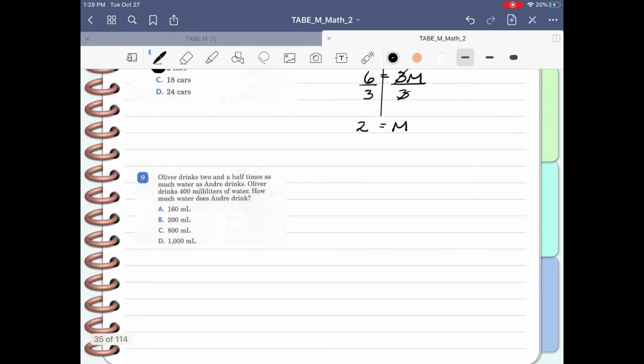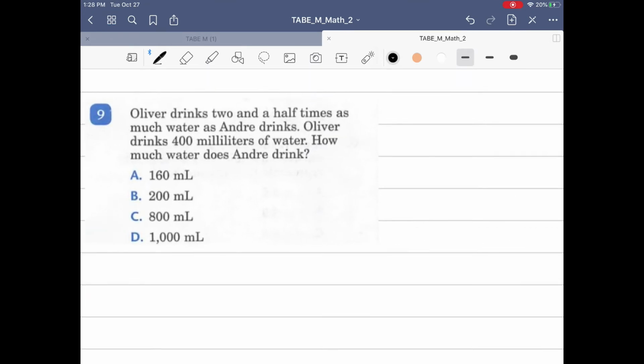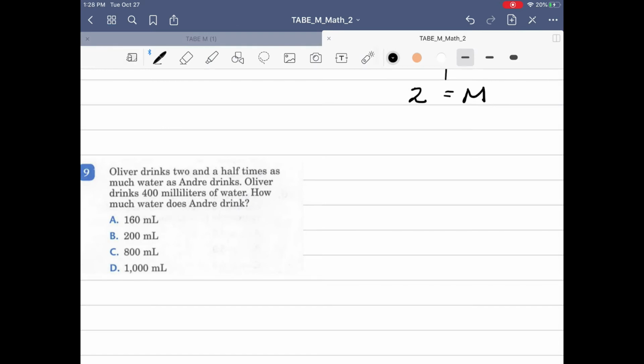Number 9. Oliver drinks 2.5 times as much water as Andre drinks. Oliver drinks 400 milliliters of water. So how much water does Andre drink? Get your story straight. Oliver is 2.5 times Andre.